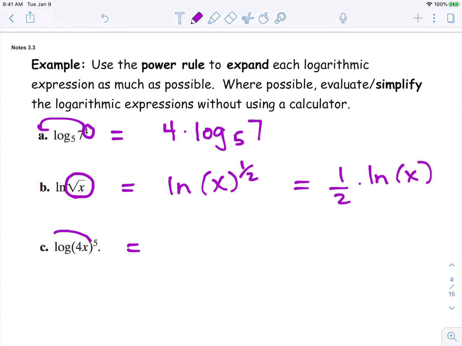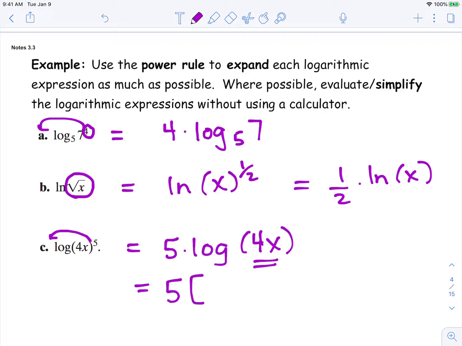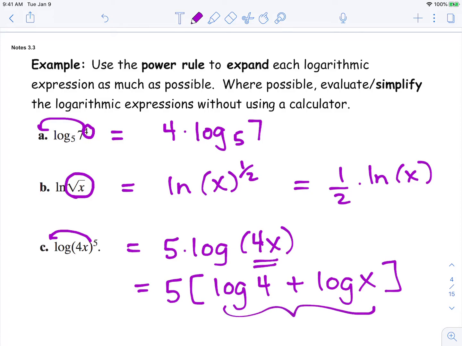Next example, we can bring our 5 out in front. And now this is our product rule. So it's 5 times the quantity, a logarithm of 4 plus the logarithm of x. So this is using your product rule.